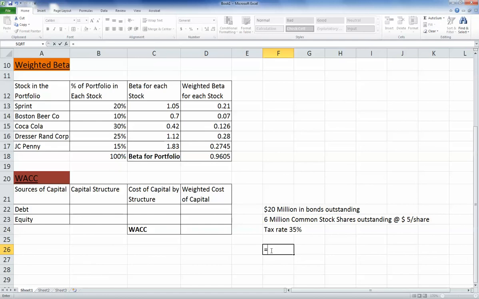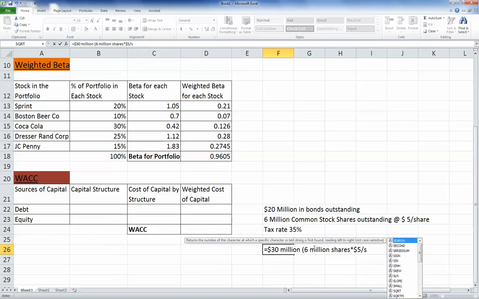And all that is, I'll put it in parentheses, is the 6 million shares times the price per share, which is $5.